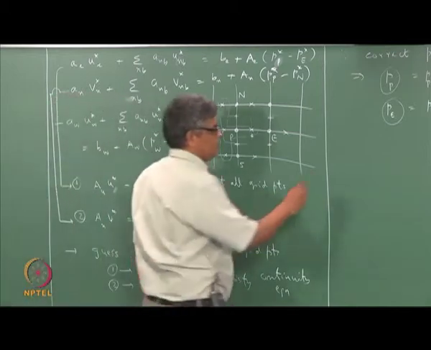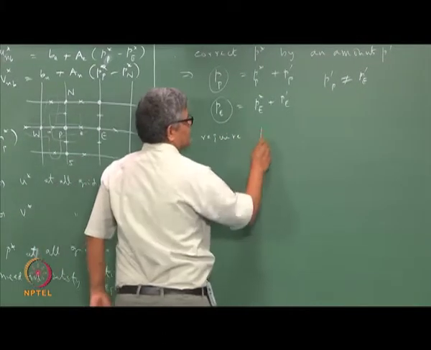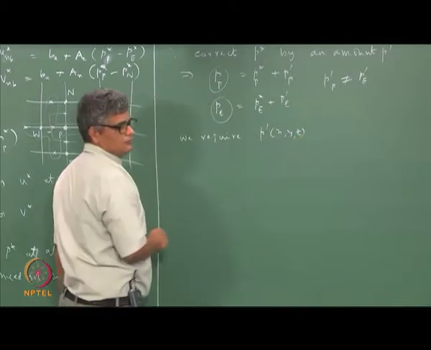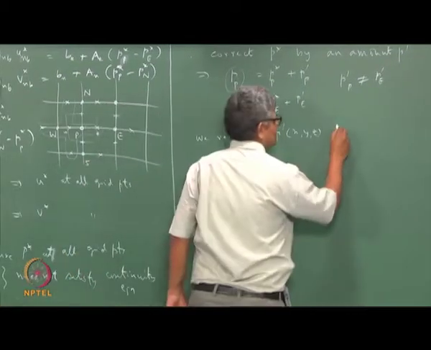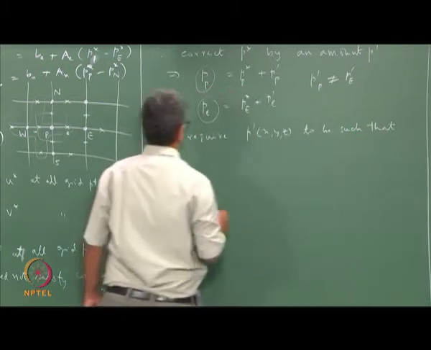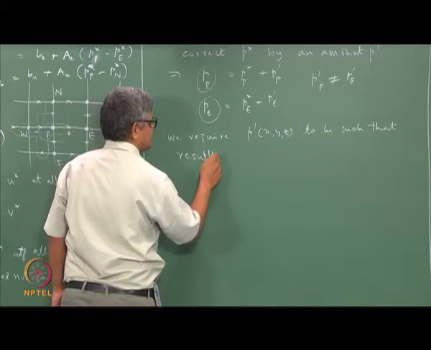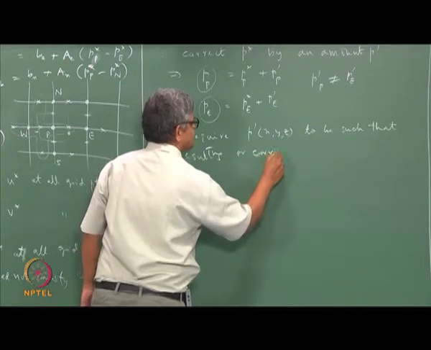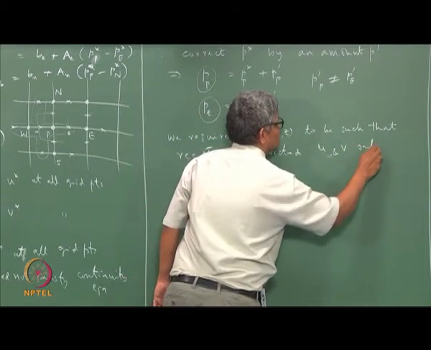Okay. So, we require P prime, let us call this as xyz, because these are field values, to be such that resulting or corrected u and v satisfy continuity.